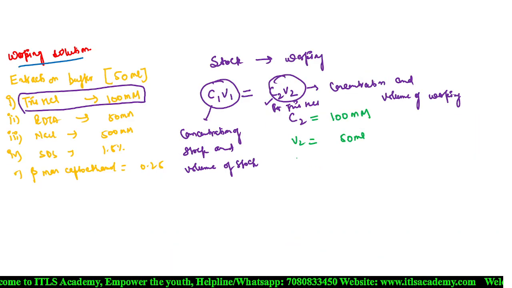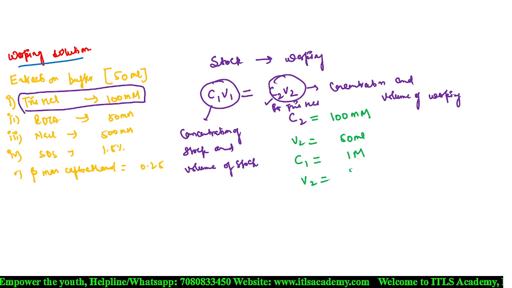This is the concentration of the stock. So you have to calculate V1. One more thing here: the units of the concentration are not the same. You see that C2 is given as millimolar and C1 is given as molar, right?